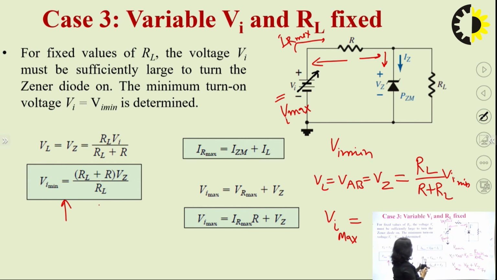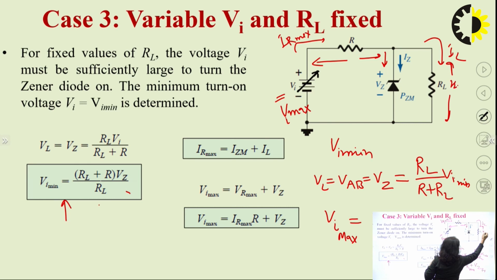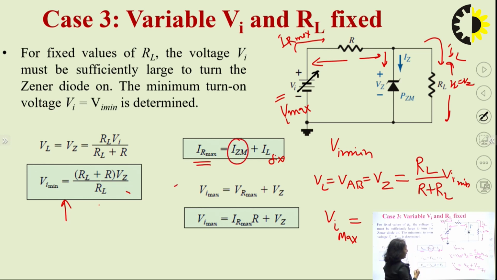So what is my IR maximum? Here your load resistance is fixed and the voltage across it will be equal to Vz. That means your IL will also be fixed. So IR maximum will be when your Zener current is maximum.